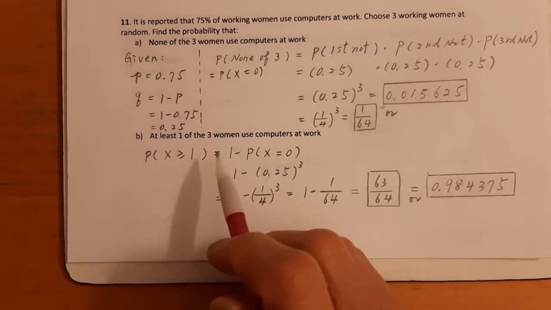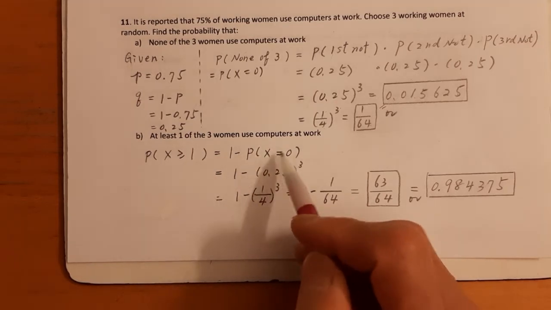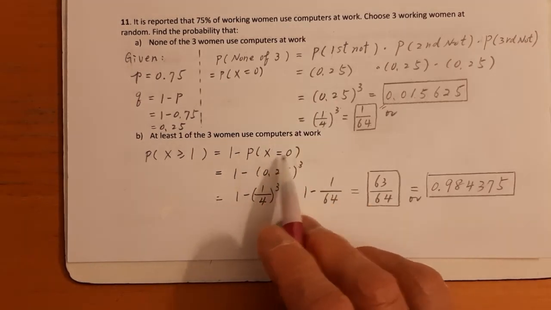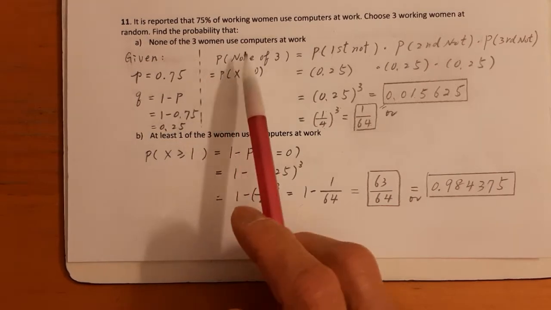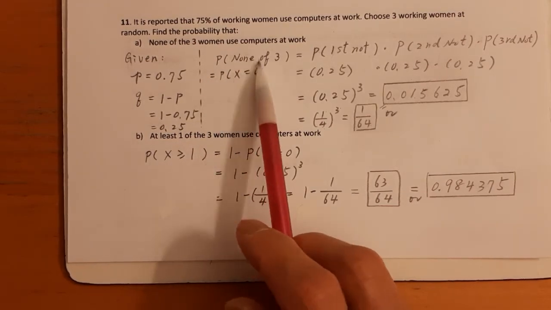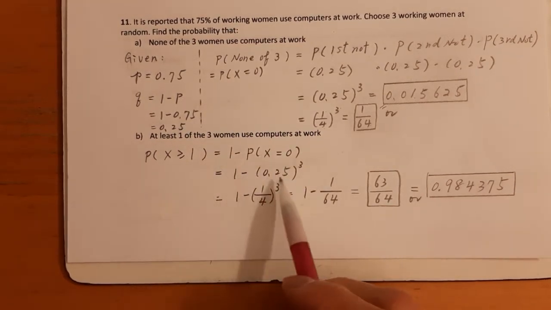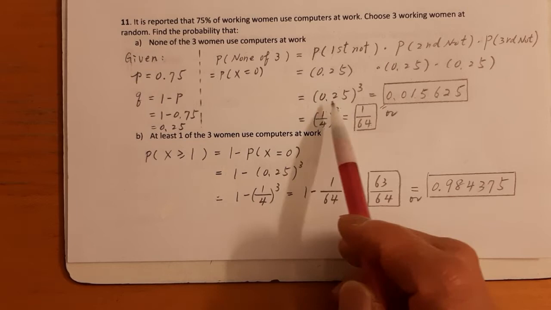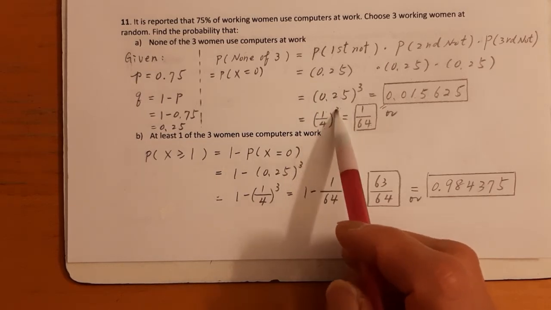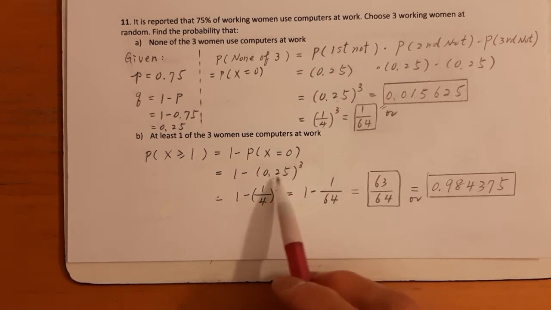It's the same as 1 minus the probability of x equals 0, which is none of them using a computer, which is this one. The probability of x equals 0 is none of the 3 using a computer. So it equals 1 minus none of the 3 using a computer. The probability is this: 1/4 to the power 3, which is 0.25 to the power 3.